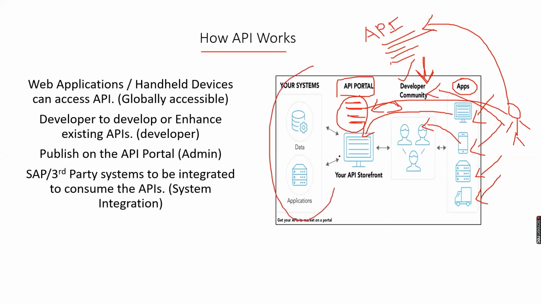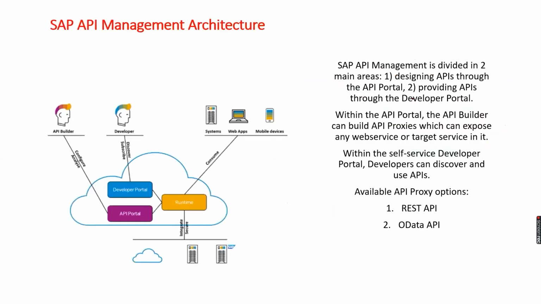The backend systems can expose the data to the API portal. Then this API portal can publish their APIs in the developer portal. Then the user can access the APIs from the developer portal. These are the two important words. Remember, because when we go to API management, you can see these two words only: one is the API portal and one is the developer portal.